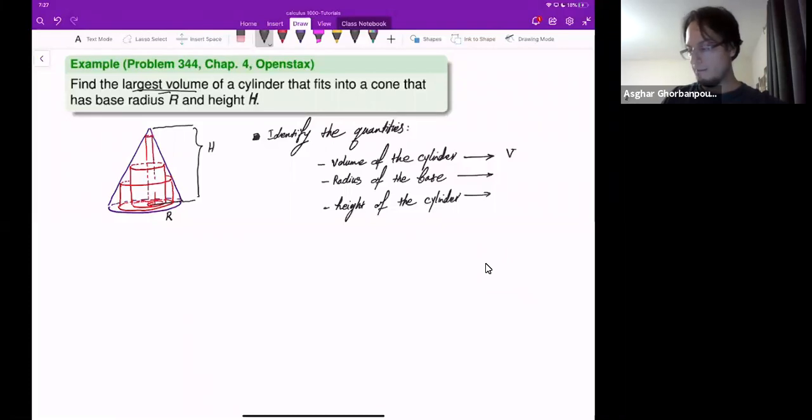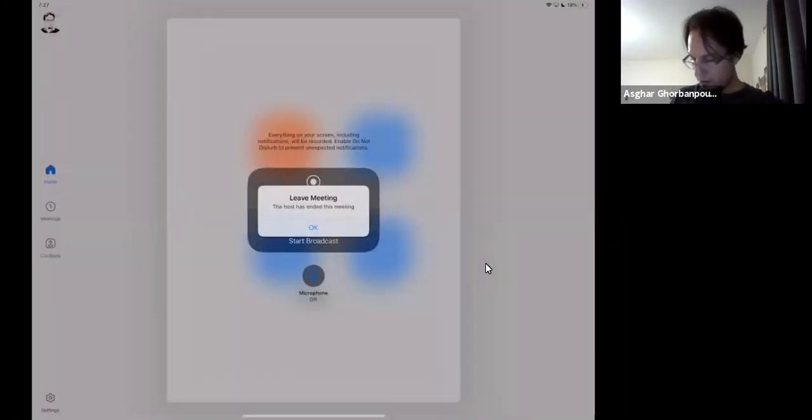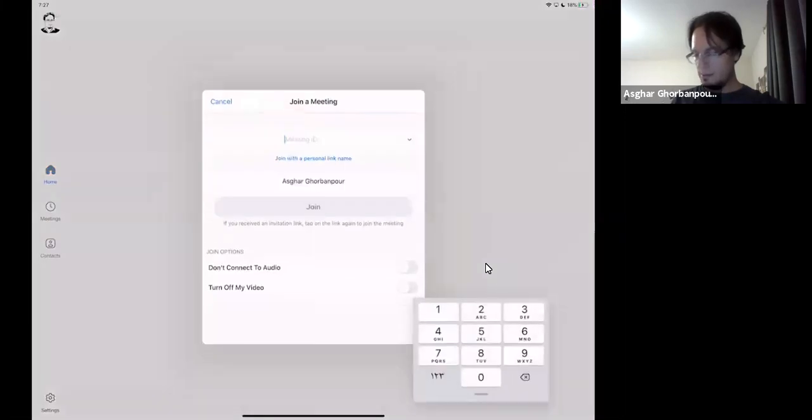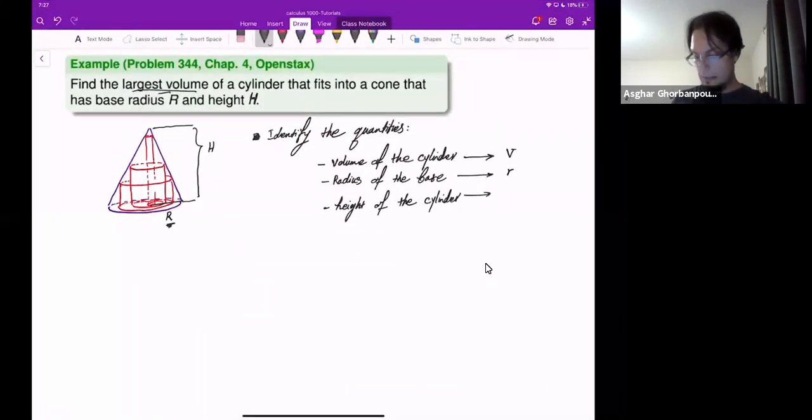For volume, I choose V. The radius of the base of the cone is capital R, so I'm going to choose lowercase r for the cylinder's radius, and for the height, lowercase h.